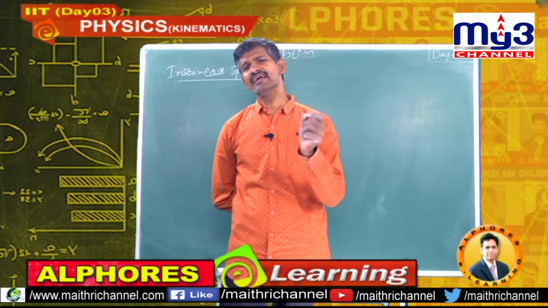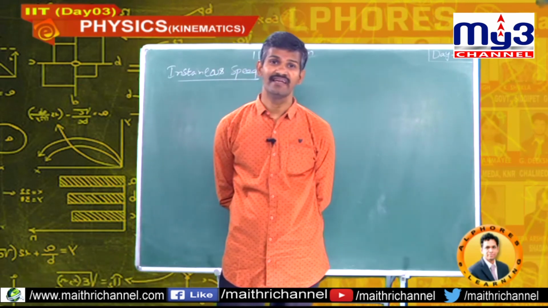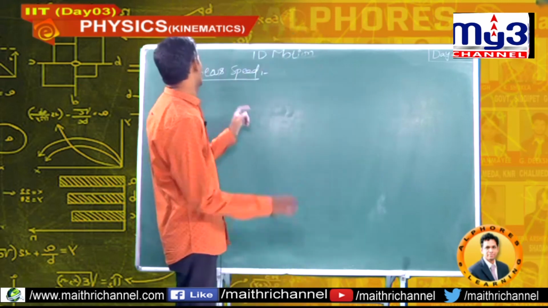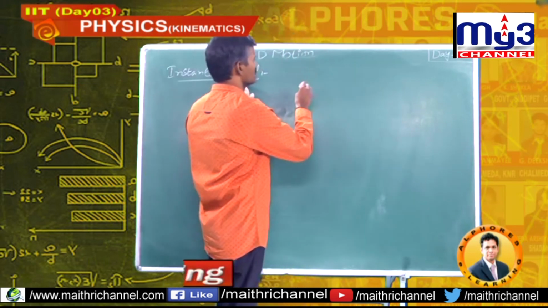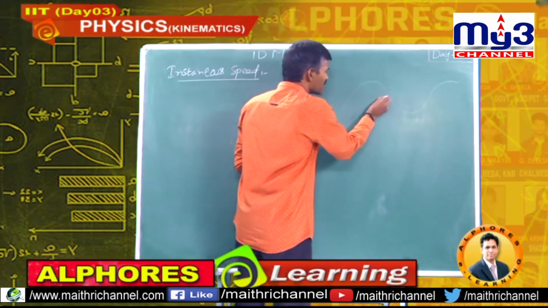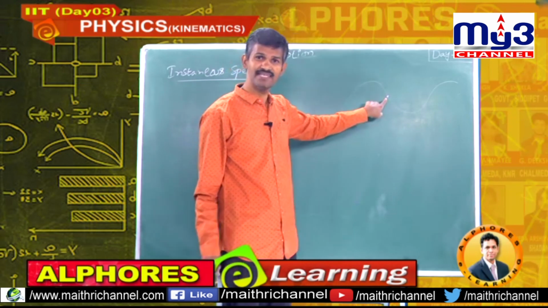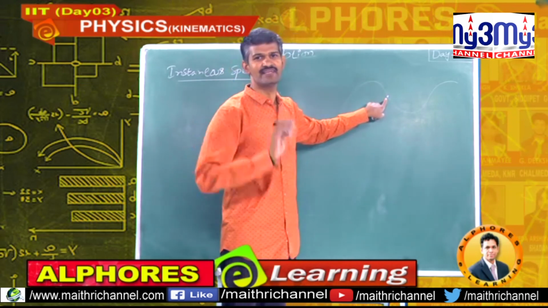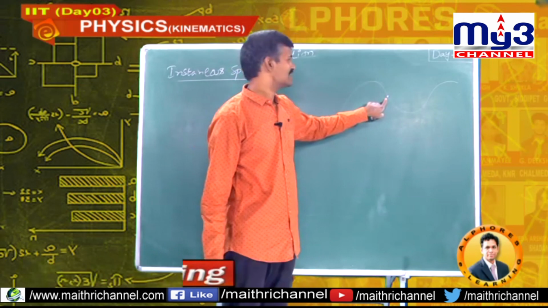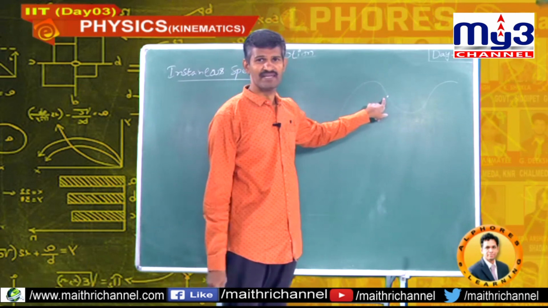So if a body travels like this, suppose you say the speed at this point, then that speed is known as instantaneous speed. Physically it is not possible, we can treat it as a mathematical relation.